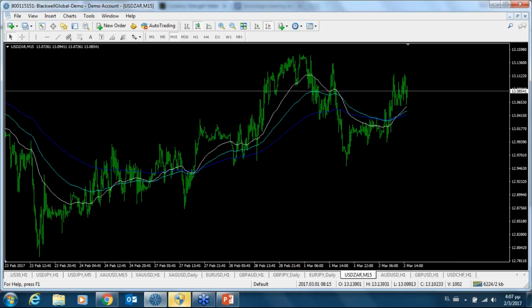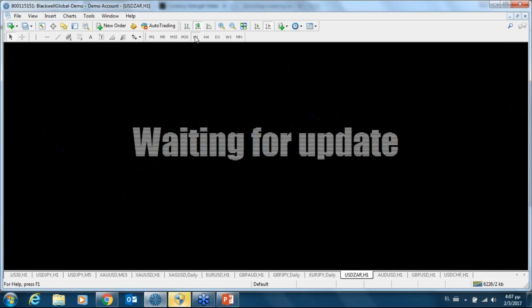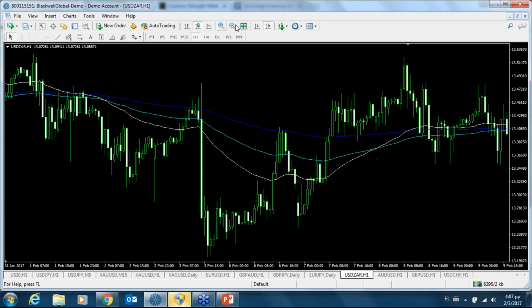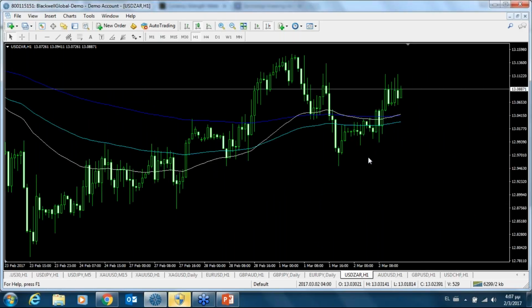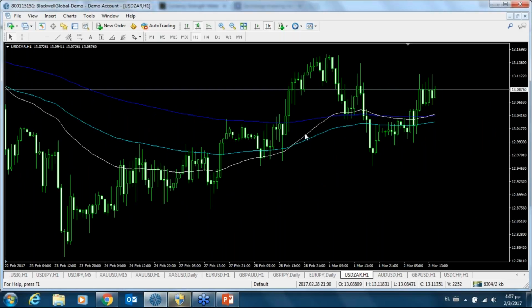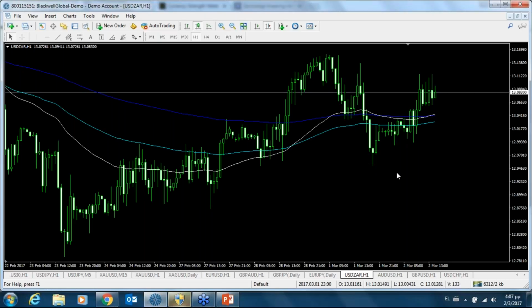Here we want to look into the neutral time frame. I call the 1 hour time frame a neutral time frame, that you can always start doing things with a 1 hour chart first. Here we find that it's got this corrective move after this big uptrend, but now it's picking up again. It's gone above all three lines.